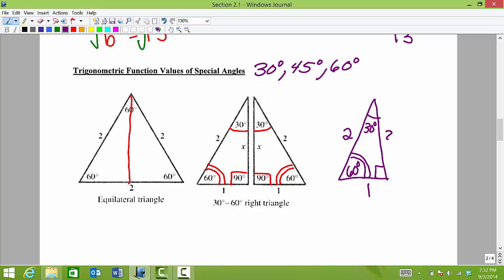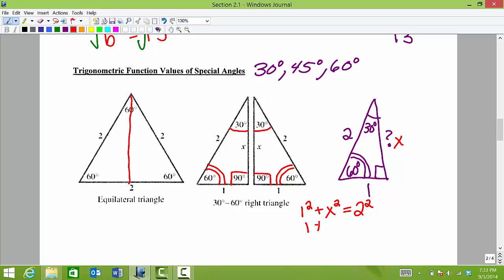Now we want to know what is the length of that third side. We can use the Pythagorean theorem to find the length of that third side. We already know the hypotenuse, so we're looking for 1 squared plus x squared, since we don't know it, is equal to the hypotenuse squared.